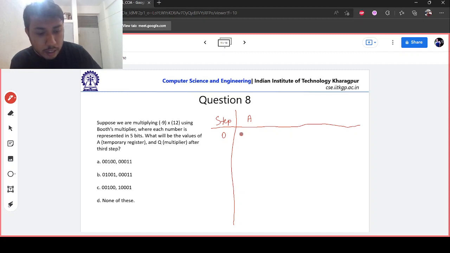A will be given as 5 bits, 0 0 0 0 0. What will be the Q? Q will be 12, so it will be 0 1 1 0 0.